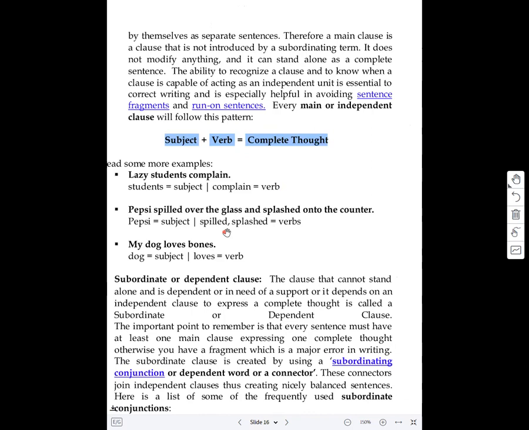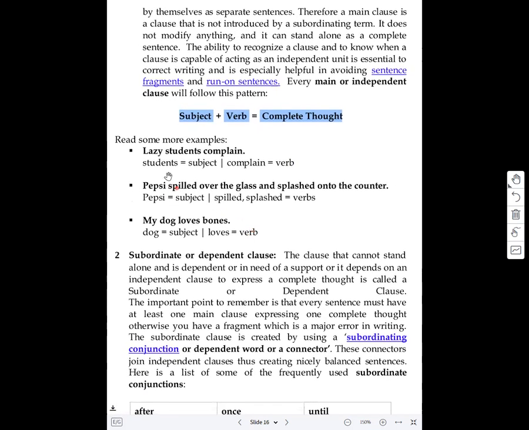The ability to recognize a clause and to know when a clause is capable of acting as an independent unit is essential to correct writing and especially helpful in avoiding sentence fragments and run-on sentences. Every main or independent clause will follow this pattern: subject, verb, complete thought. Now, these are some examples.